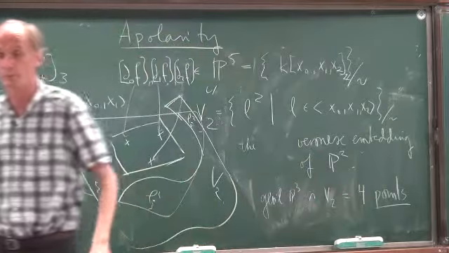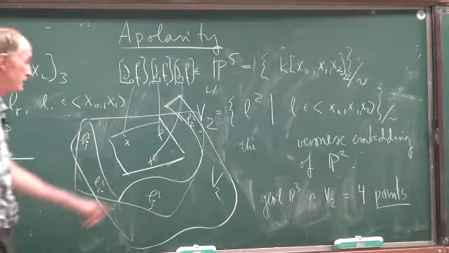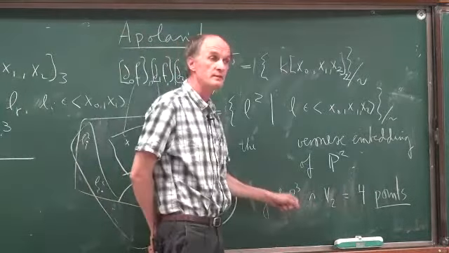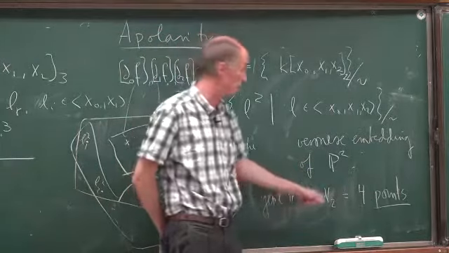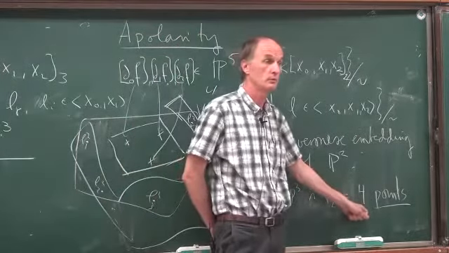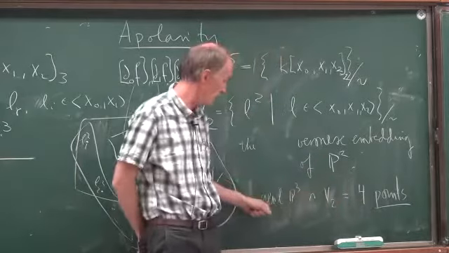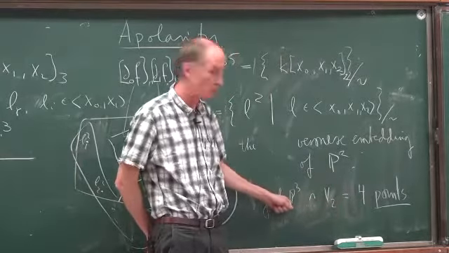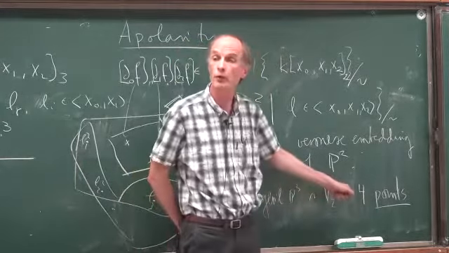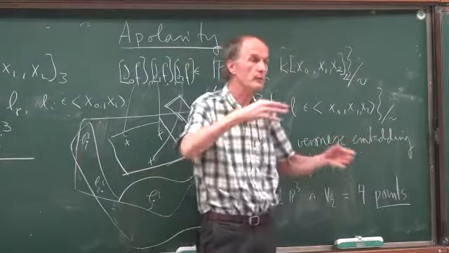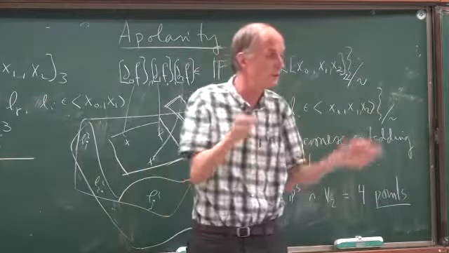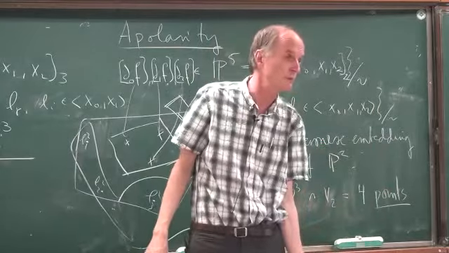So that's not the problem. Also, what this says is that any P3 will intersect V2 in at least 4 points. It's either 4 points or maybe some curves or something, but the general one in P3 in 4 points.